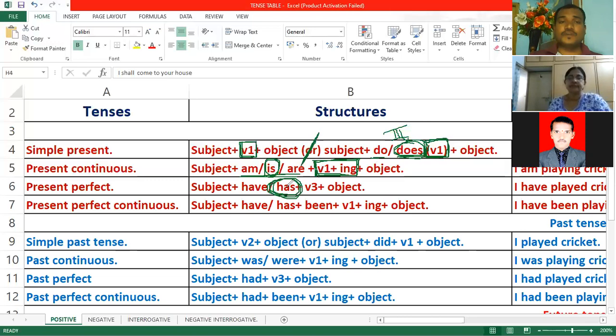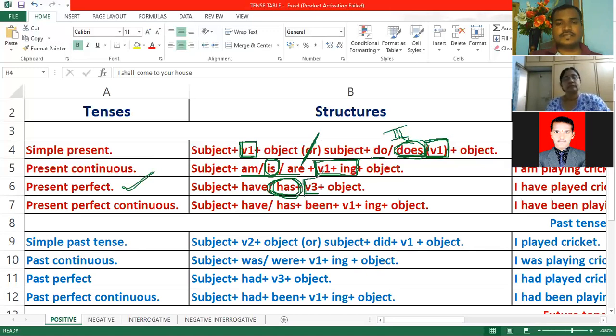And one more observation you need to keep in mind: whenever you are writing perfect tense, whatever the perfect tense it might be, present perfect or past perfect or future perfect, you should use the V3 form.